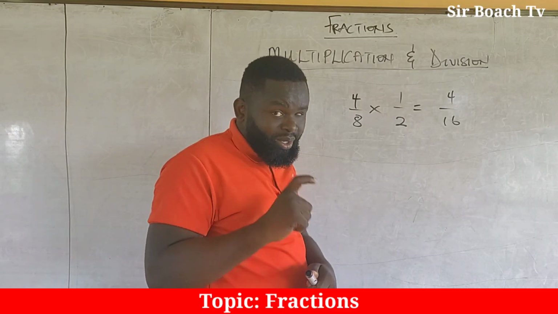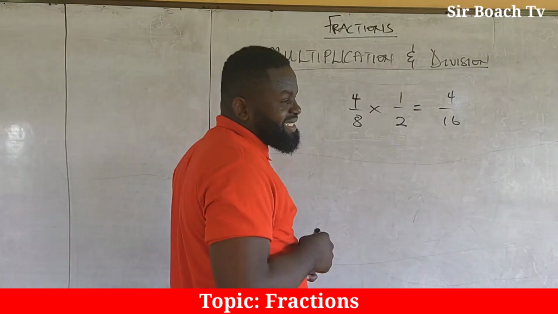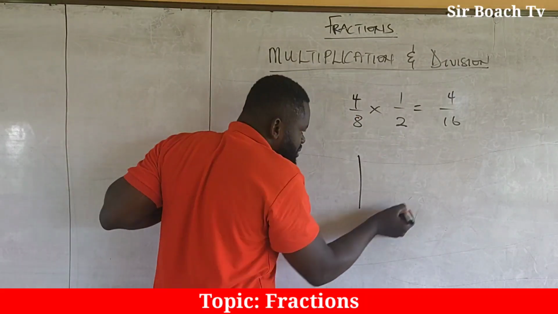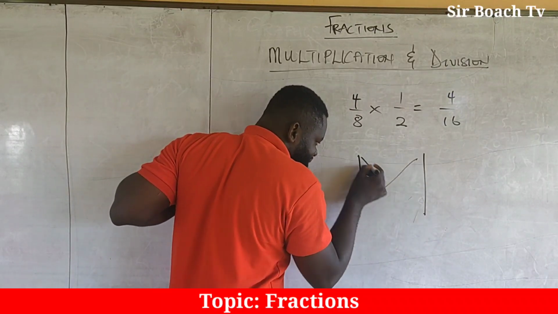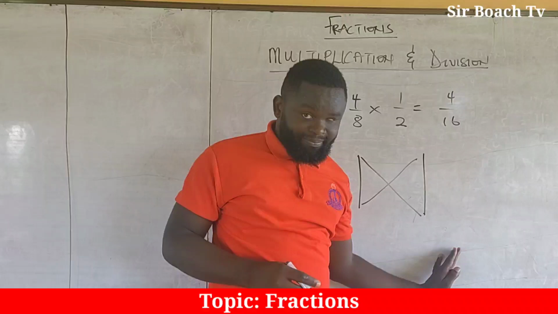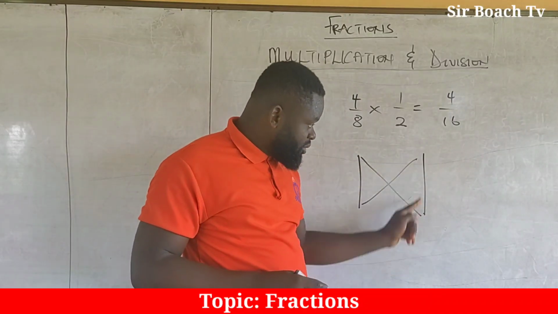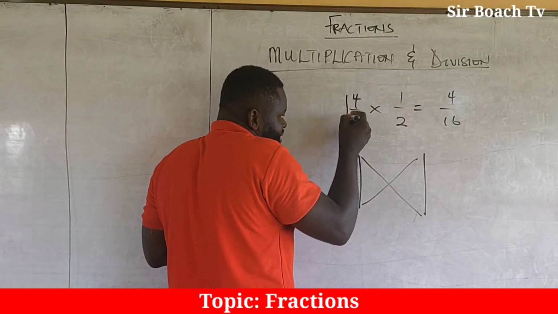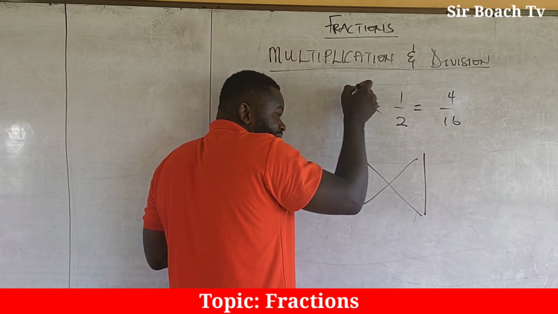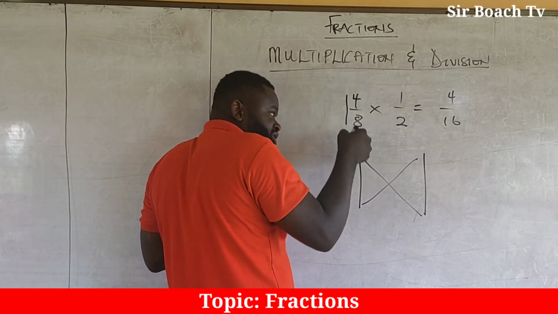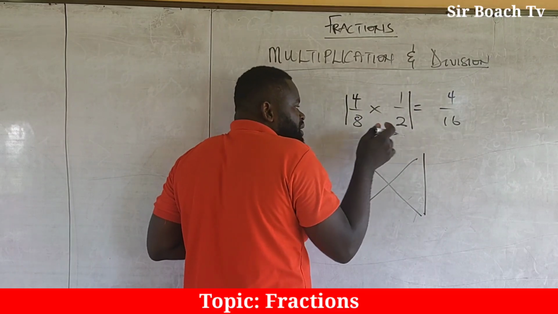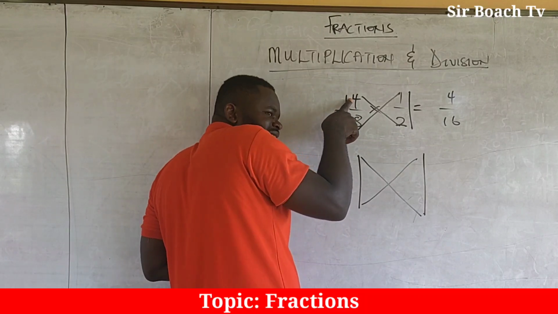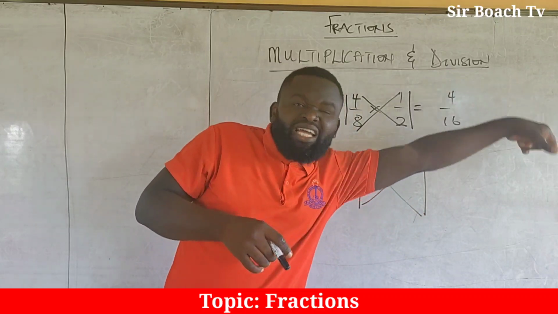Now, there is something we call cancellation when we come to fractions. How do we cancel in fractions? When we are multiplying, we cancel like this. The numerator of a fraction can cancel the denominator of the same fraction. We can cancel the numerator of one fraction with the denominator of another fraction.